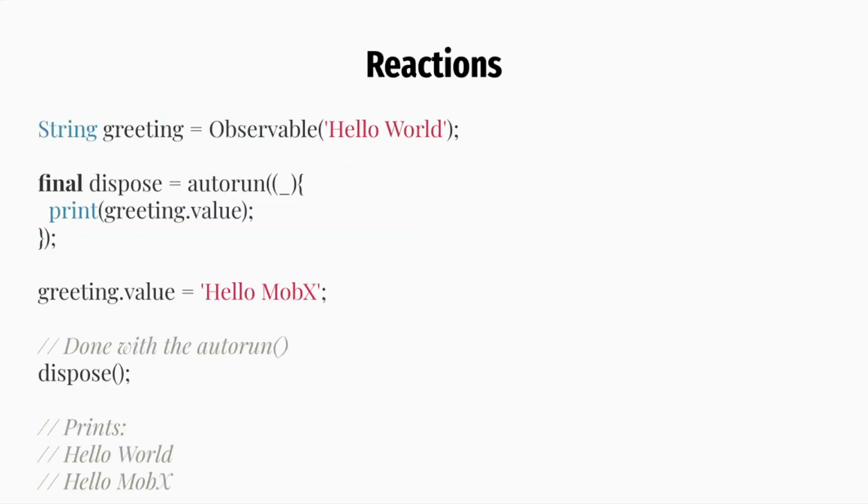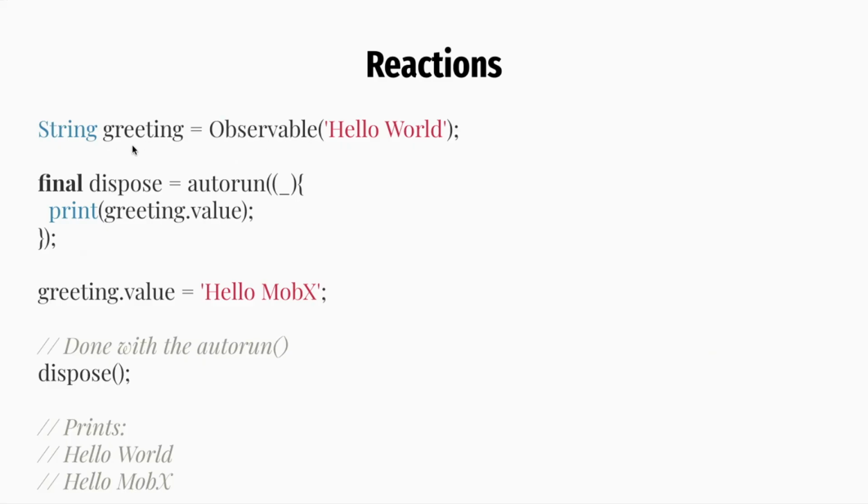And then at the end we have reactions. So whenever the observable or computed value changes, it will reflect in the reactions. Suppose we have one string called hello world, which is observable. Then final dispose equals autorun. This autorun is one reaction, so it is going to run every time our greeting, that is our observable, changes.